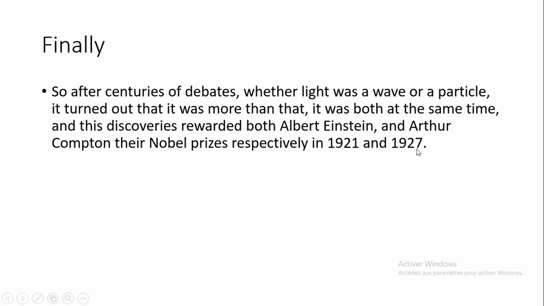I guess some of you think that Albert Einstein got rewarded the Nobel Prize for his theory of relativity, but unfortunately it was not, and he didn't get the Nobel for this discovery.